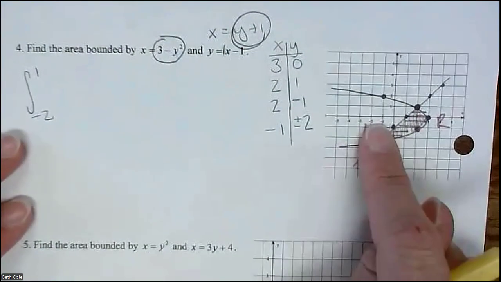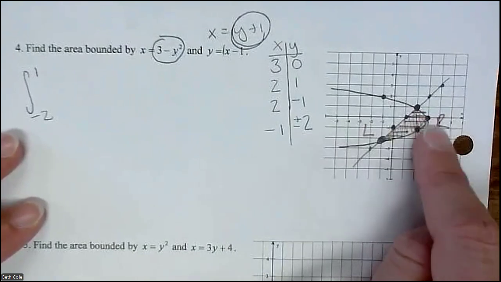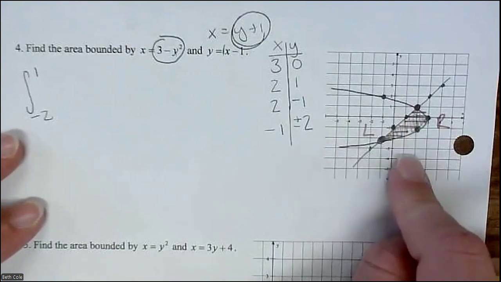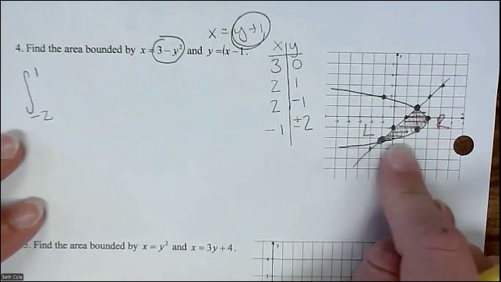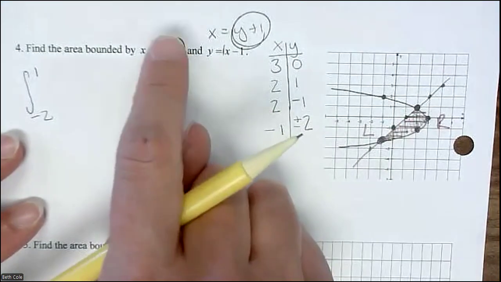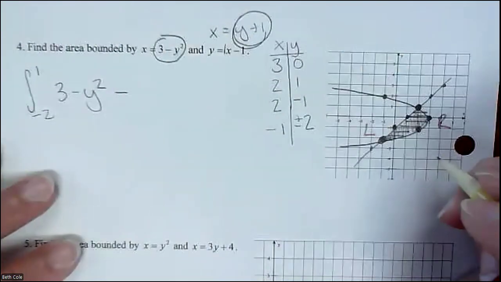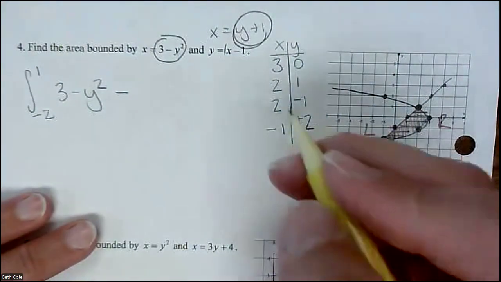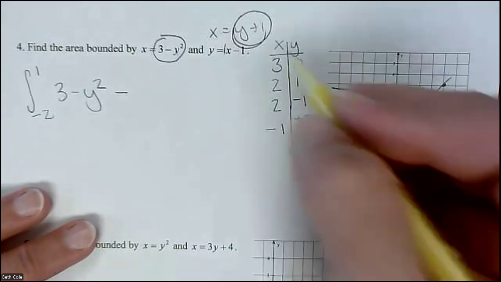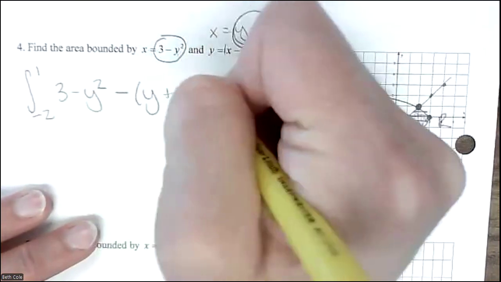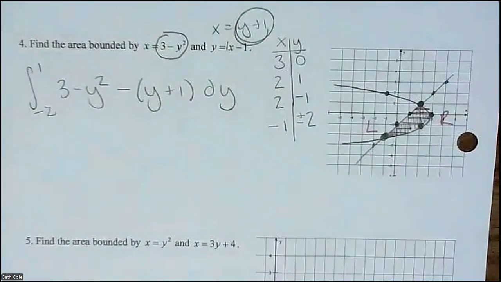And then it's right minus left. So which is the one on the right? Yeah, the parabola one, the one with the squared. So 3 minus y squared minus which one? The y. And that's why circling it helps. And at the end, put dy.